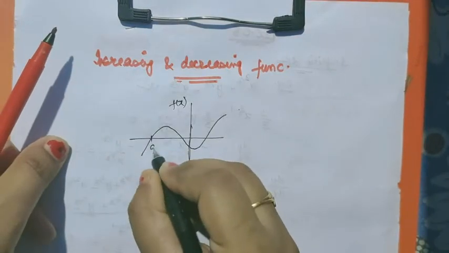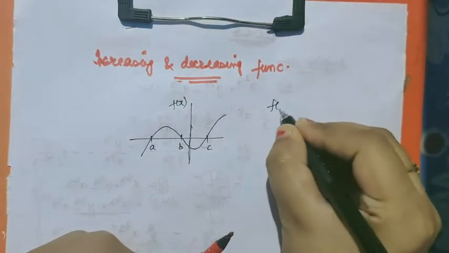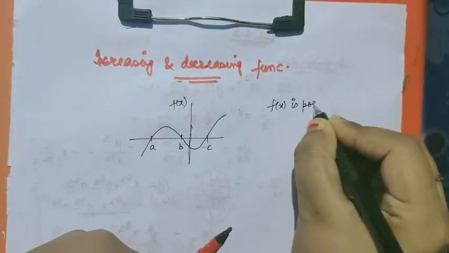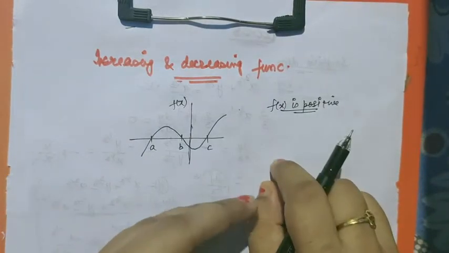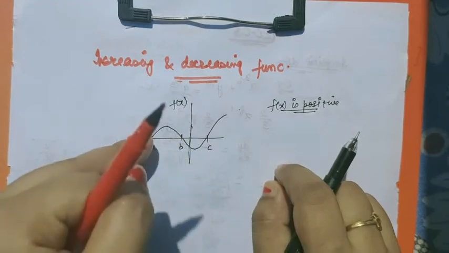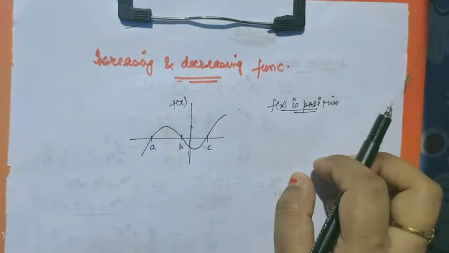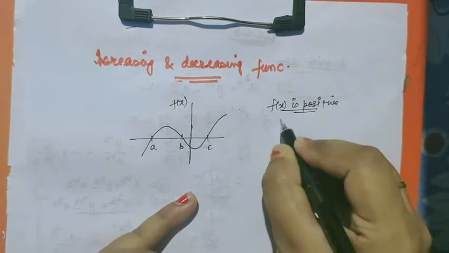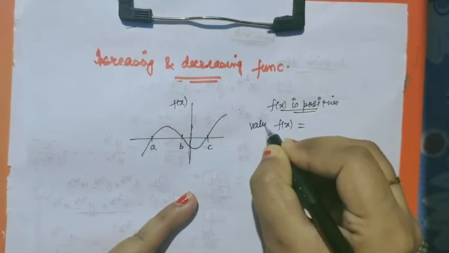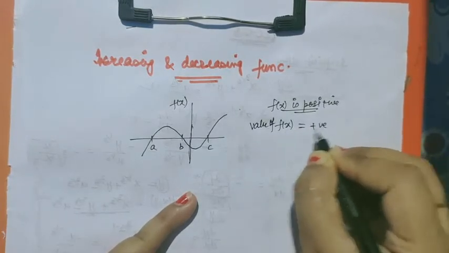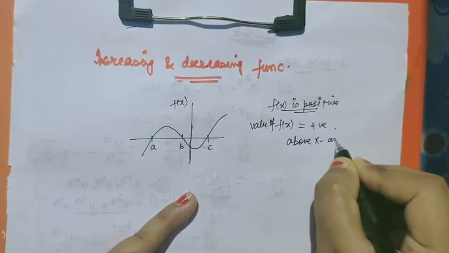If I take these points as a, b and c, fx is positive when the value of fx is positive, that is above x-axis.